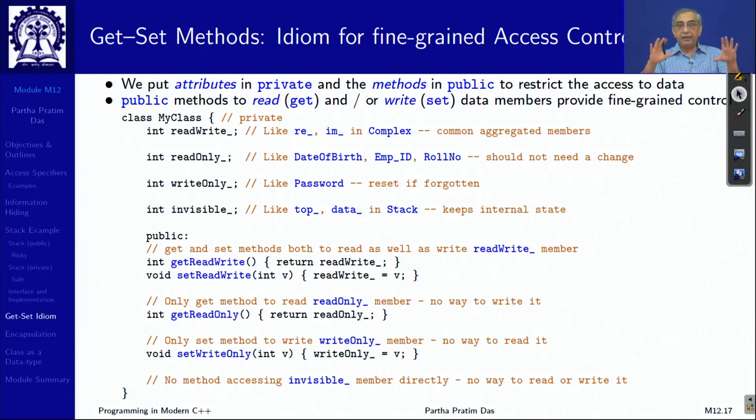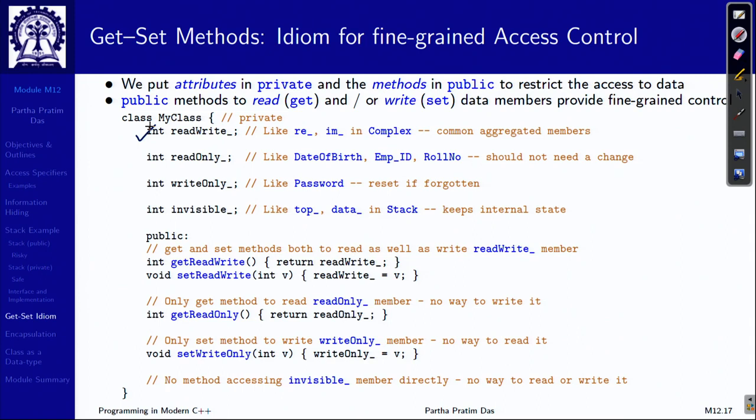If everything is private, then nobody can read the data. So, I have to provide specific public member functions to let the application program read or write or make changes to the data members as needed. So, there can obviously be different situations. Some data members are both read and write, like the case of complex you saw.